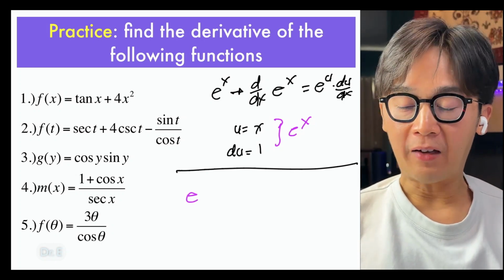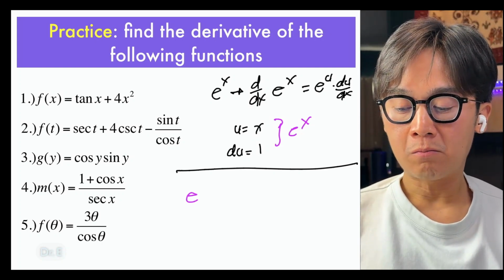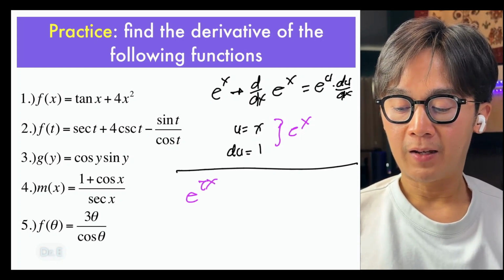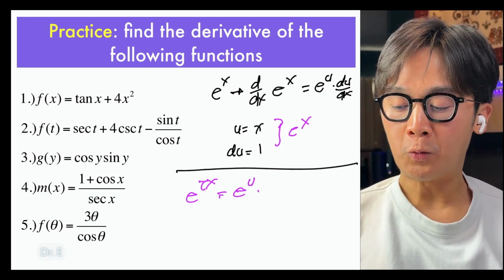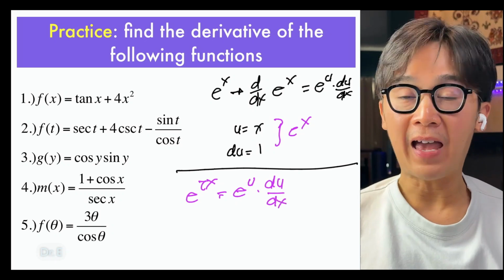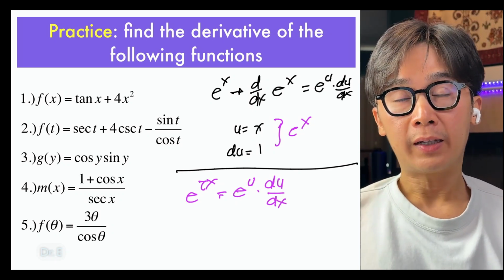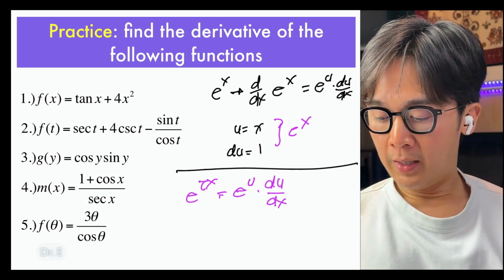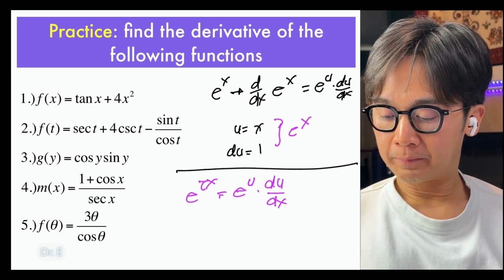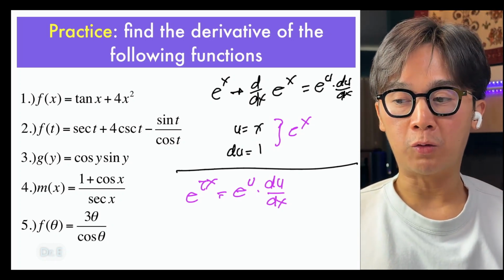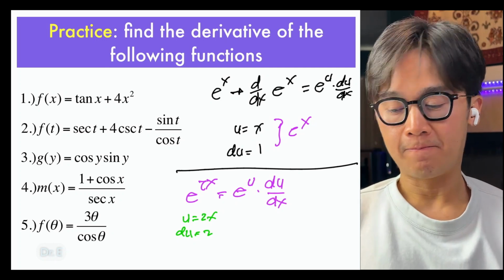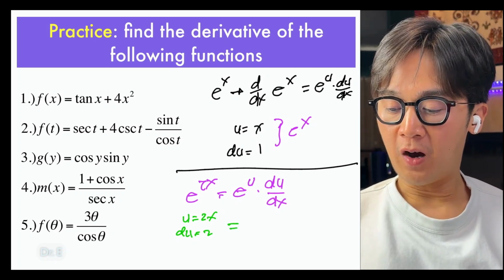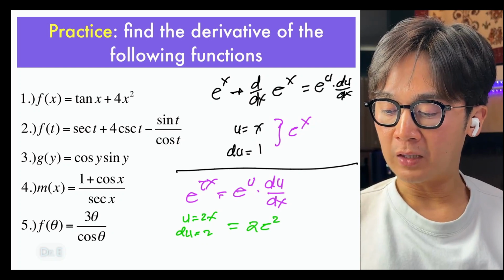But if we have e raised to 7x, the derivative of that is e raised to u times du dx. That is the derivative formula for e raised to u function. So now that we know the formula, using the same concept of the chain rule in the trig function, if your u is 2x, your du is 2, right? So the derivative of e raised to 2x is 2 e to the 2x.